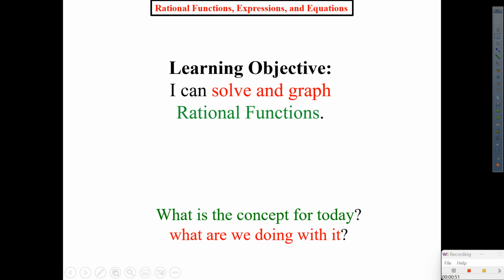Rational functions are, in your own words, Jaden? Yes, an equation with one or more fractions in it. All right, good. That's why we don't need a fair model.